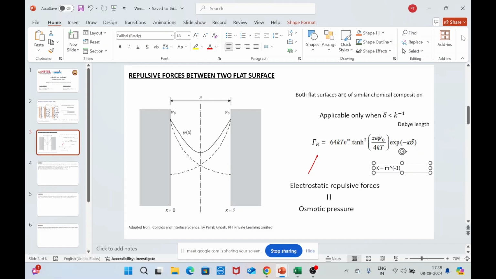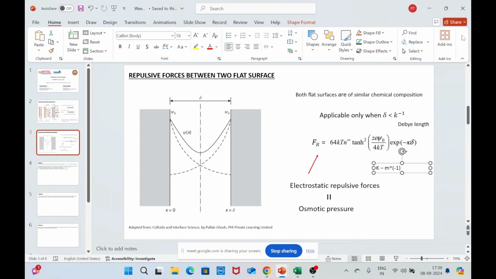The potential profiles of the two double layers will not interact with each other or overlap. The interaction forces, the repulsive forces between the two surfaces, will not be present. They will act more like two independent bodies which have no effect on each other. So that is the reason why this particular condition should be applicable.